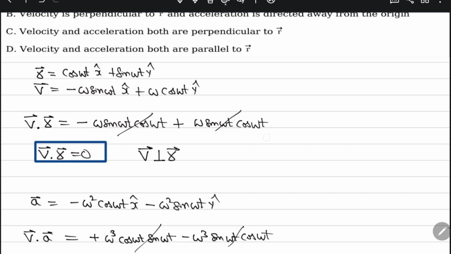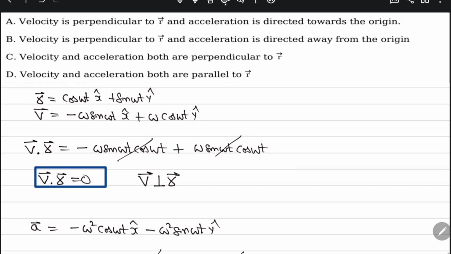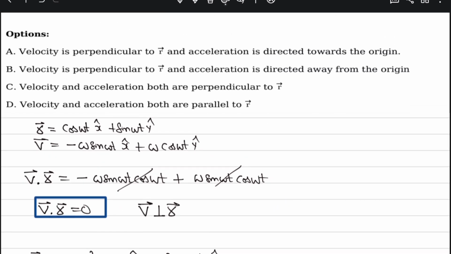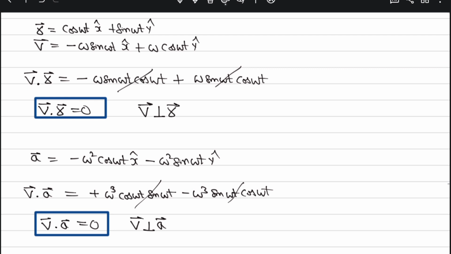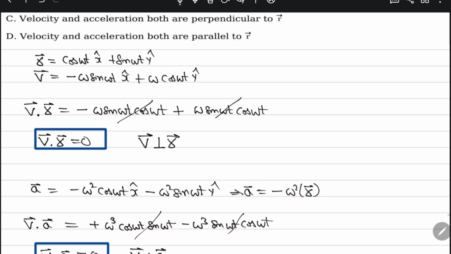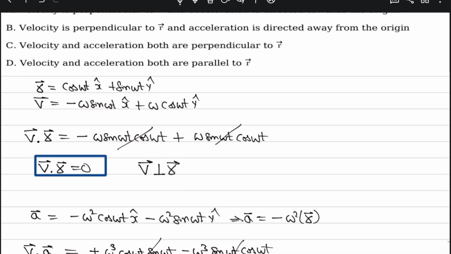So what is going to happen: velocity is perpendicular to r vector, and here you also see that the acceleration vector is basically minus omega square r vector, means acceleration is also directed towards the origin. It is like this.